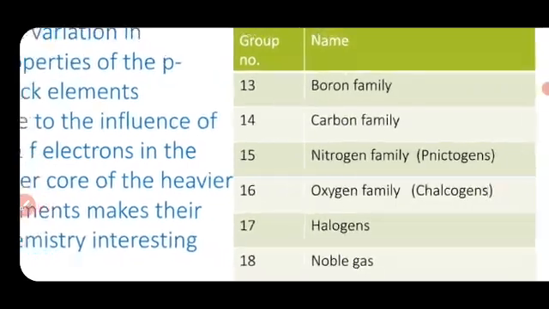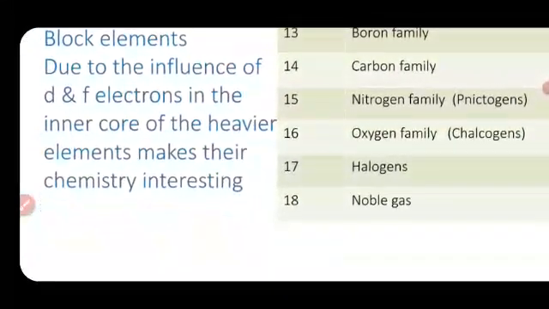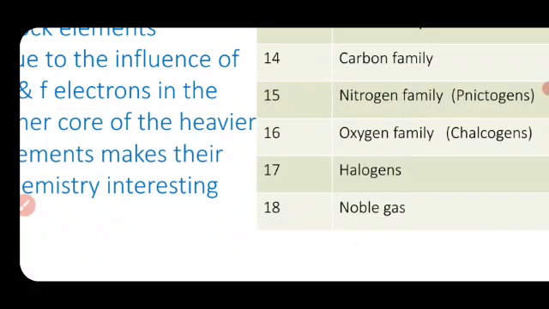Group 14 is called carbon family. Group 15 is called nitrogen family, which is also called pnictogens. See, though the spelling starts with P, it is silent, the pronunciation is 'nictogens'. Then group 16 is called oxygen family, that is chalcogens. Then group 17 is called halogens, and group 18 is called noble gas or rare gas.